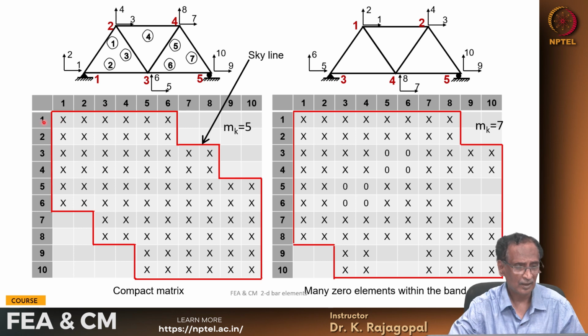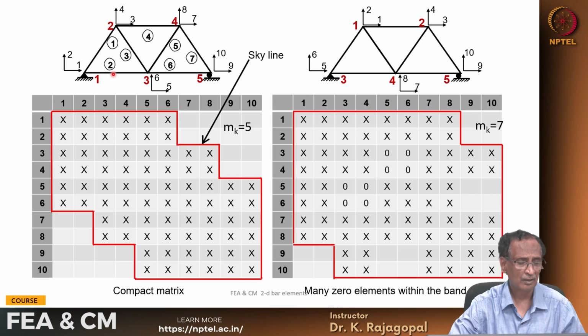Previously degree of freedom 1 was connected up to the 6th degree of freedom, but now it is connected up to the 8th degree of freedom, and the half bandwidth is actually the maximum difference in the nodes, or in the degrees of freedom, for any element.